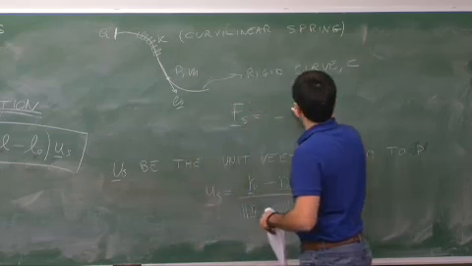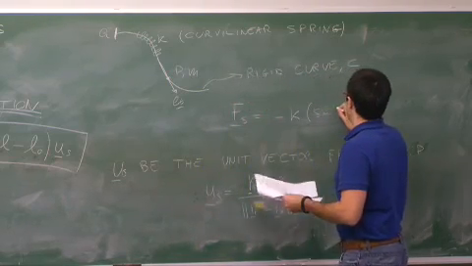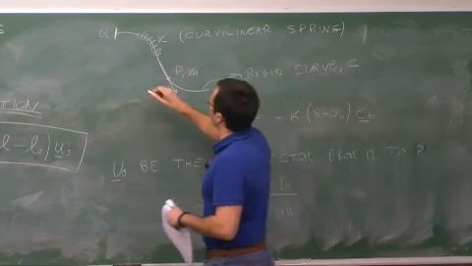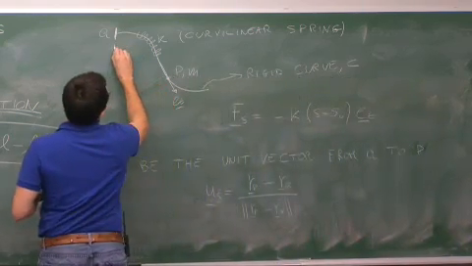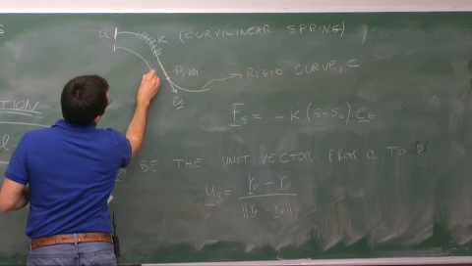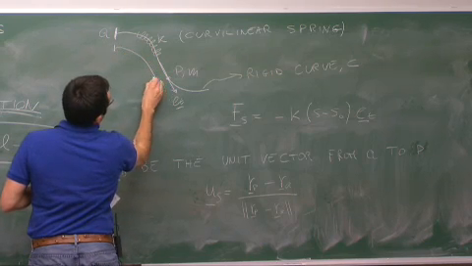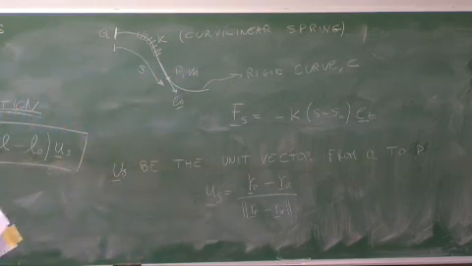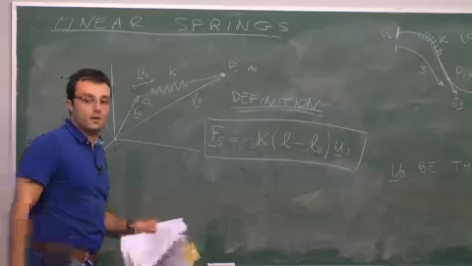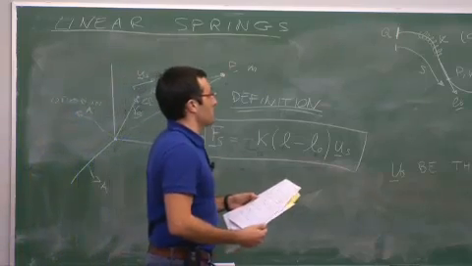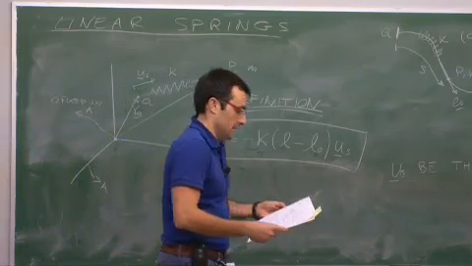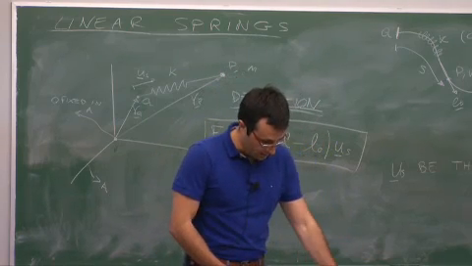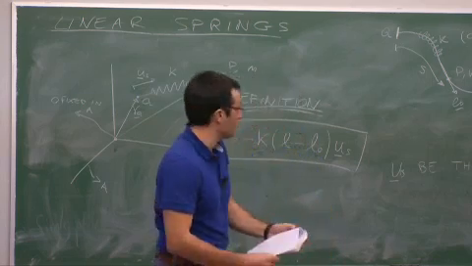So it's minus k (s minus s0) ET in this case, where s is the length of the arc that goes from Q to P. It's the length of the spring in this case. It's not a straight line. It's a curve. But really, nothing changes. It's nothing special there. OK, so let's see this one first.